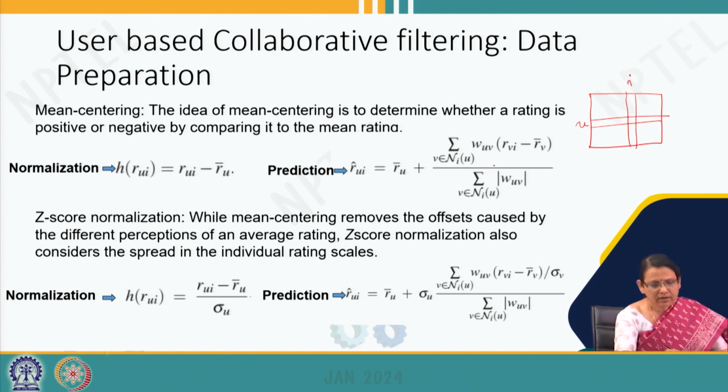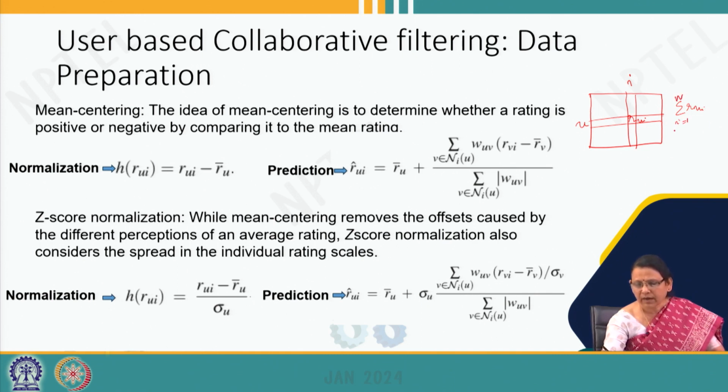So, while doing mean centering in case of user based collaborative filtering, this is your RUI, and if you take all the RUI values across all the items and sum this RUI for I equal to, let us say 1, 2, up to n number of items, and take the average, you get RU bar.